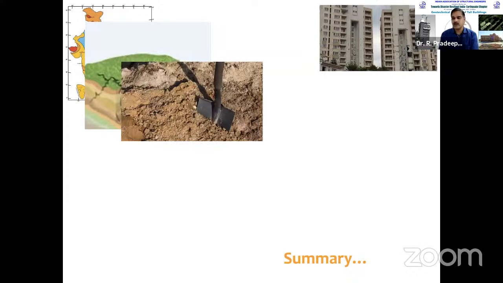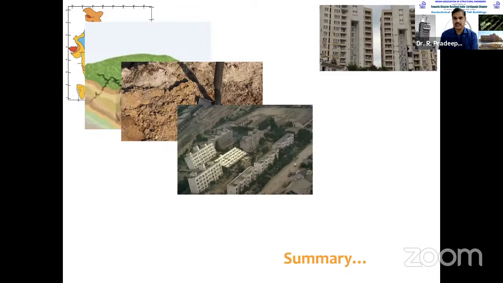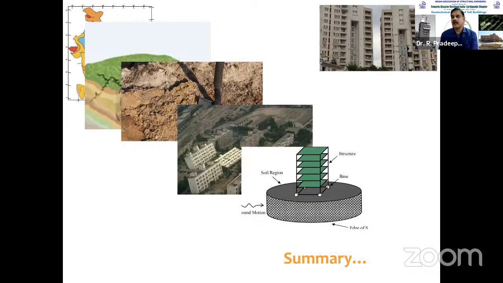IS 1893 gives flexibility to increase the bearing pressure of soil, which we also discussed. We covered the step-by-step liquefaction potential assessment procedure given in 1893 with an example problem. Lastly, we discussed soil structure interaction assessment with two examples: manual calculation and computer-based analysis.